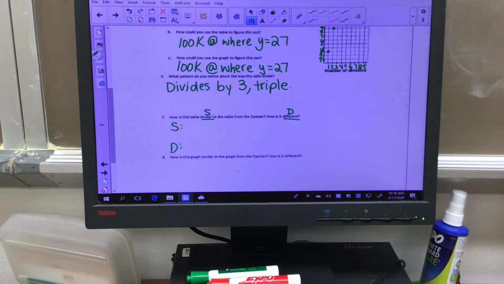One thing right there I just said twice, and that was that both are multiplying. The difference I also said in that same sentence. One was multiplying by 2, the other was multiplying by 3.